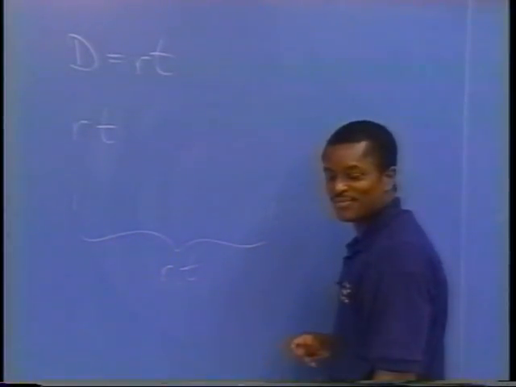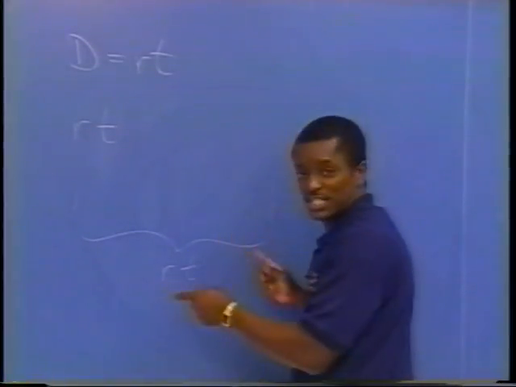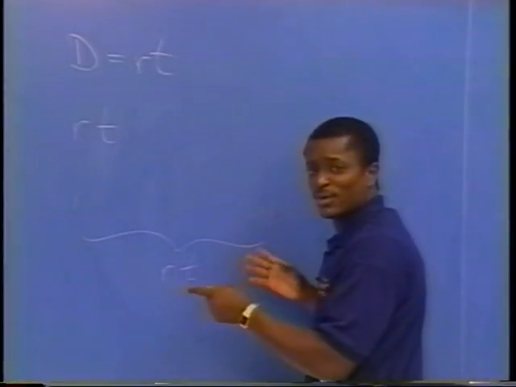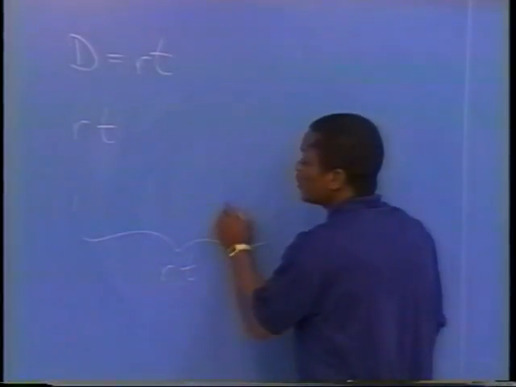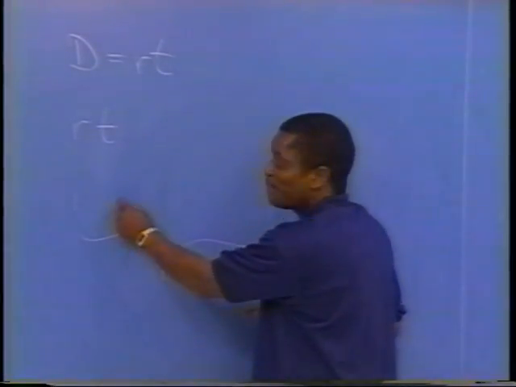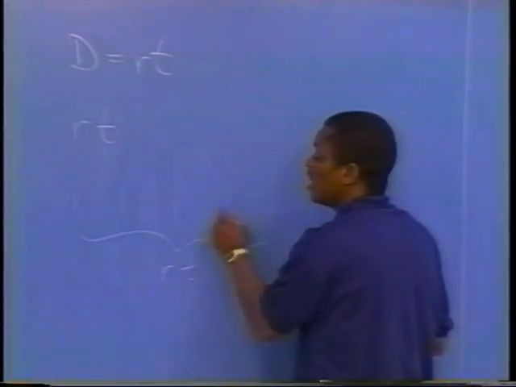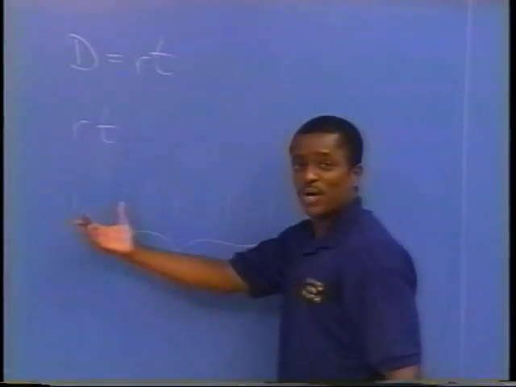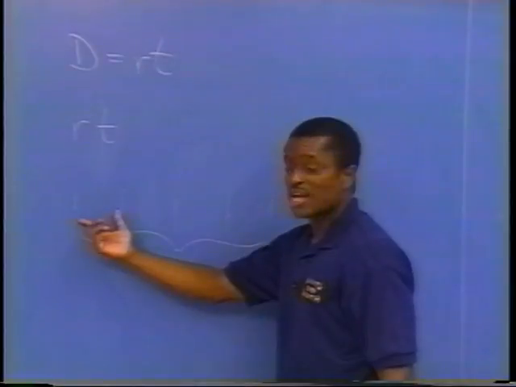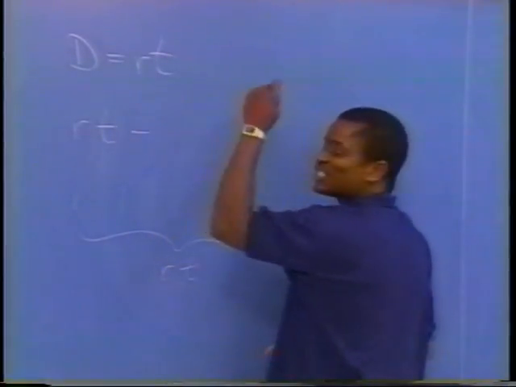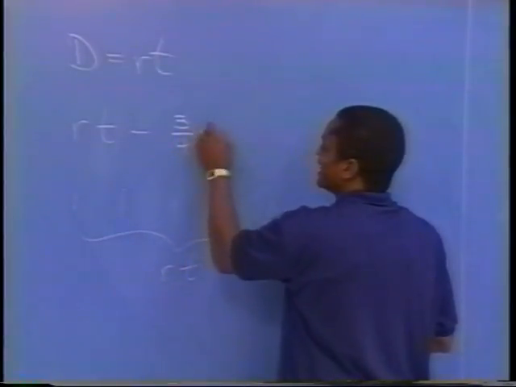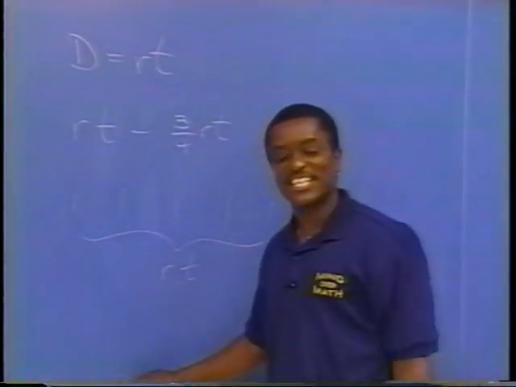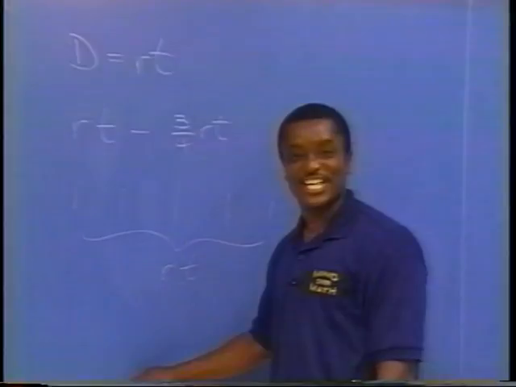See that? Now we want 3/4. We want to know where we were. How far did we travel? 3/4 of that particular time. So we're actually going back 1, 2, 3 out of the 4 quarter intervals. So in other words, we're actually going to subtract 3/4 of that distance. You see that?